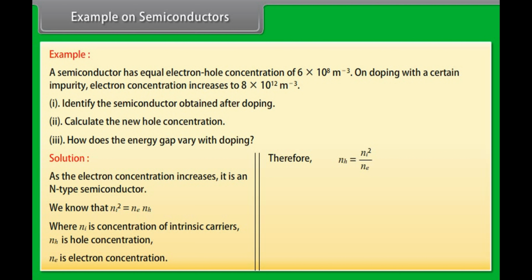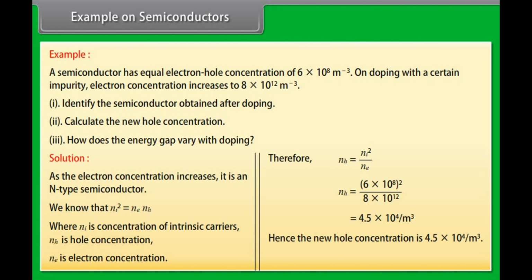Therefore, Nh is equal to Ni² divided by Ne. On putting the values, we get Nh equal to 4.5 × 10^4 per meter cube. Hence, the new hole concentration is 4.5 × 10^4 per meter cube. With the doping, the energy gap decreases.